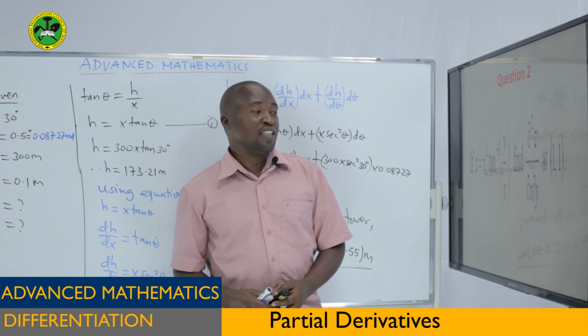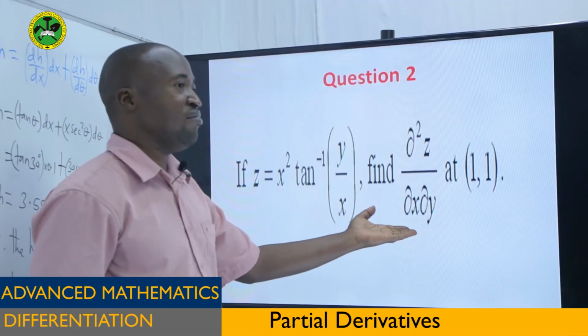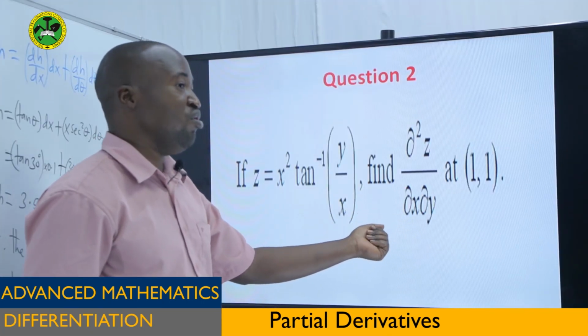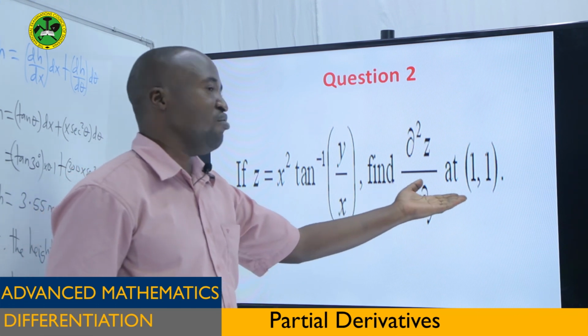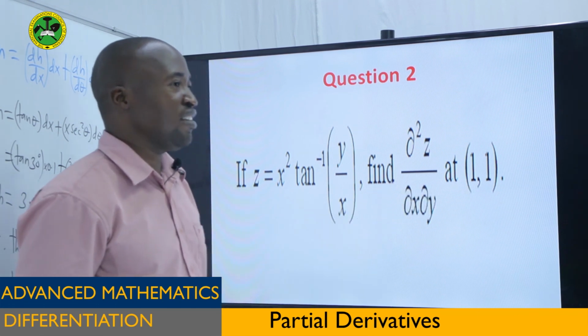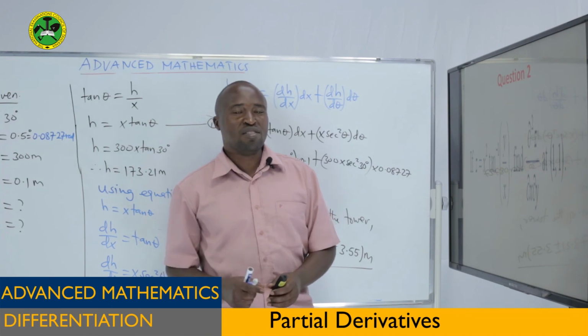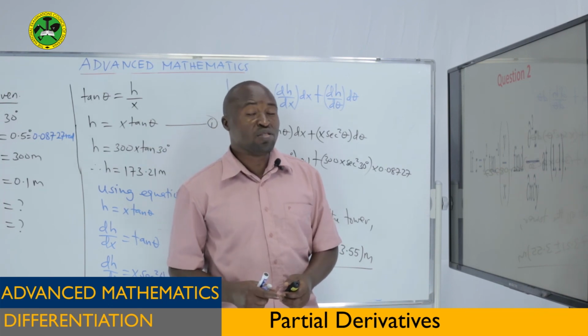This implies that after getting this second order partial derivative, you have to substitute the values of x and y in your answer, so as to get a constant, a number without a variable.